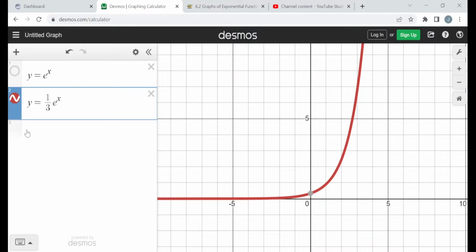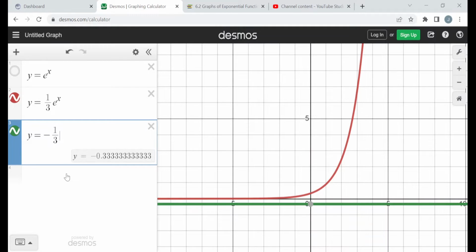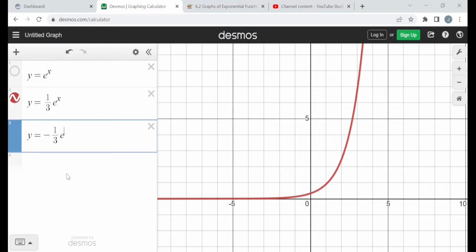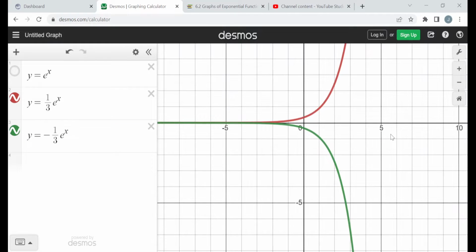Alright, so now we're working with this one. Then we were asked to reflect this across the x-axis. Now this will change the range, multiplying everything by -1, so -1/3 times e to the x. And now you see the green graph pop up. Again, whatever color you're seeing, but the asymptote's the same. The graph still isn't touching the x-axis, right?